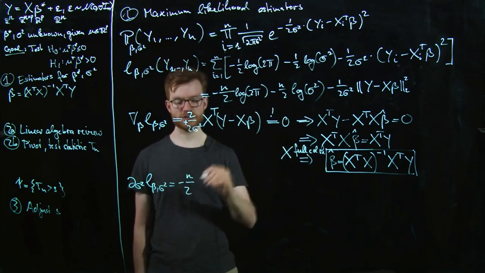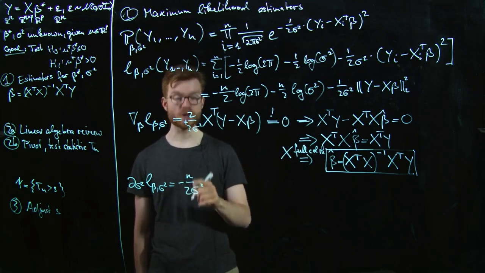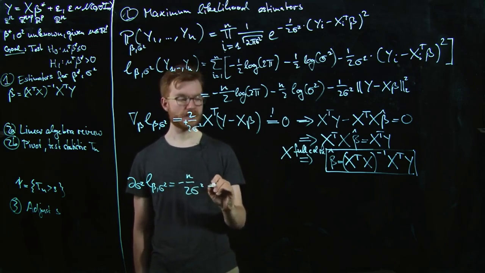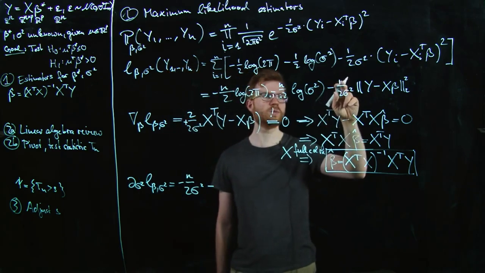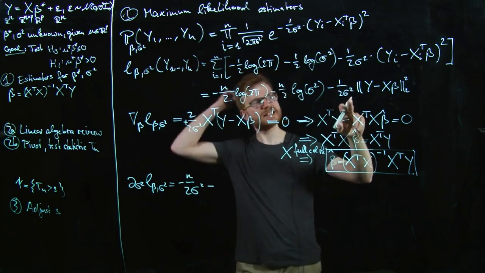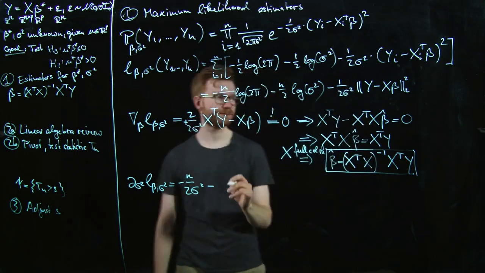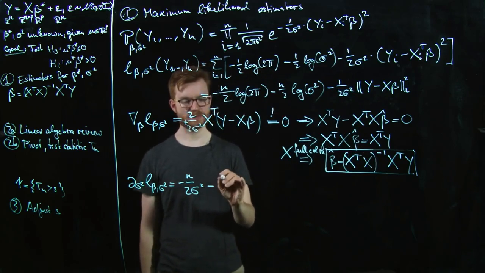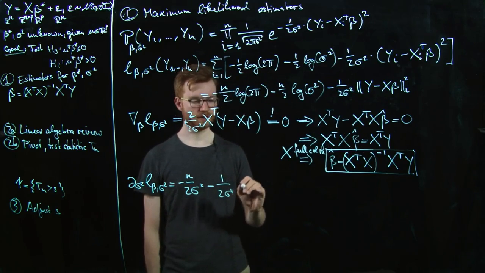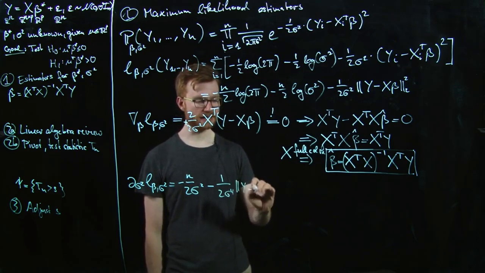And then if I differentiate the log, I end up with 1 over the parameters, so 1 over sigma squared. And then this one is 1 over sigma squared. So this is like 1 over x. Differentiating gives me minus 1 over x squared. So in other words, minus 1 over 2 sigma to the 4th, y minus x beta.